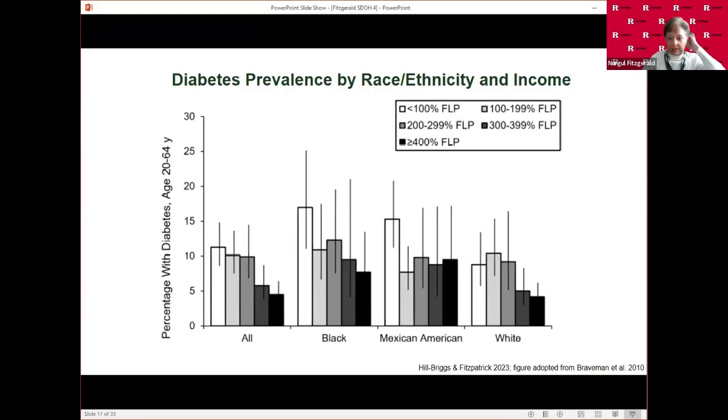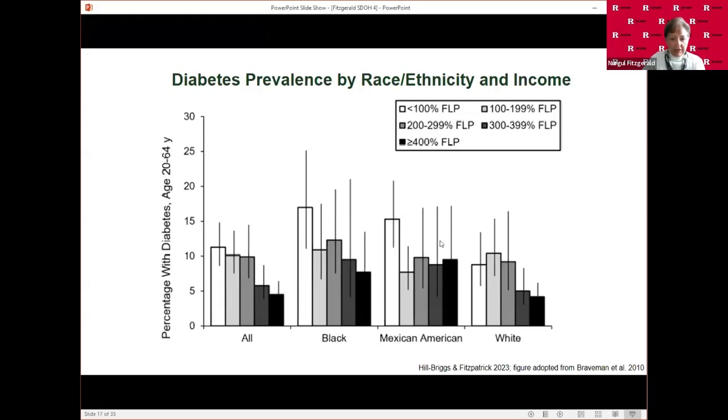It is showing us that even when we split the socioeconomic status between the bars, so this is everyone, but then they split it between Blacks, Mexican Americans, and whites, 3 racial ethnic groups, and stratified it by the income level according to the federal poverty level.